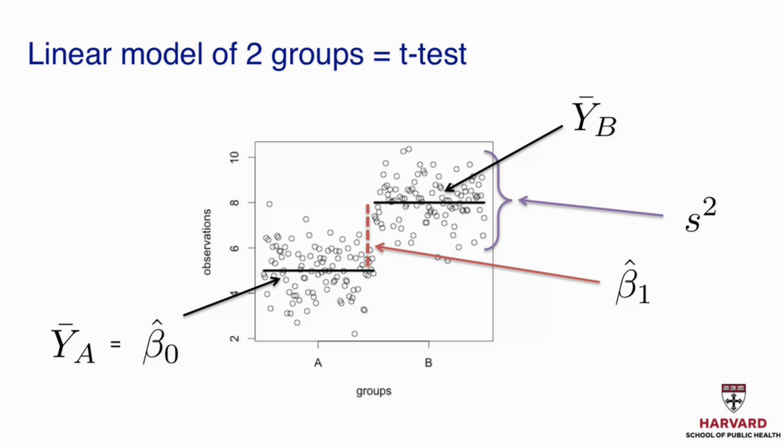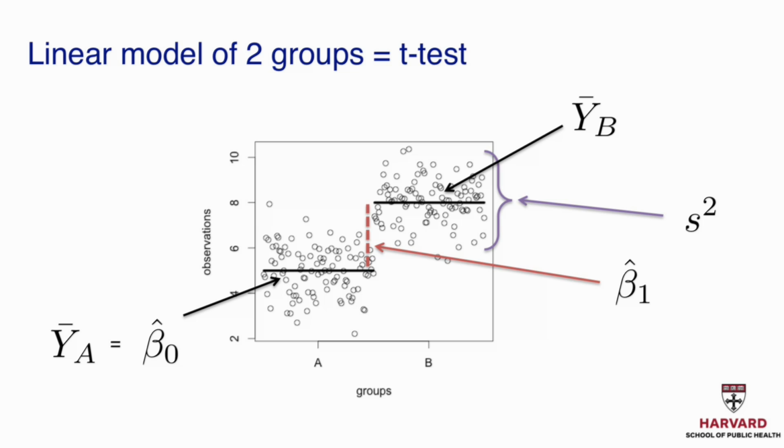Now here we're going to write it slightly differently, and later you're going to see why we're doing this. What we're going to do is pick a baseline. And now this average, instead of being mu y like it was in the previous module, we're going to call it beta 0. And then we're going to call the difference between the two groups beta 1. One of the nice things about this notation is that beta 1 is really what we care about almost most of the time, that difference.